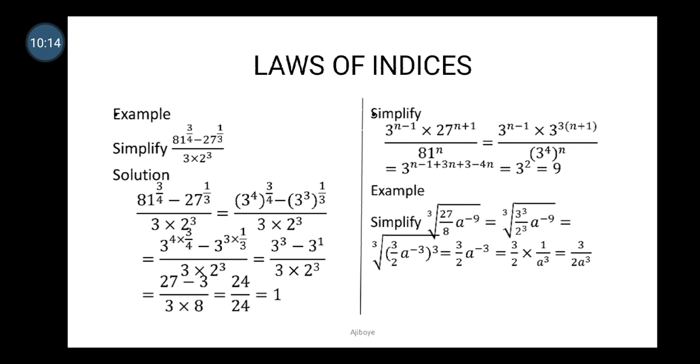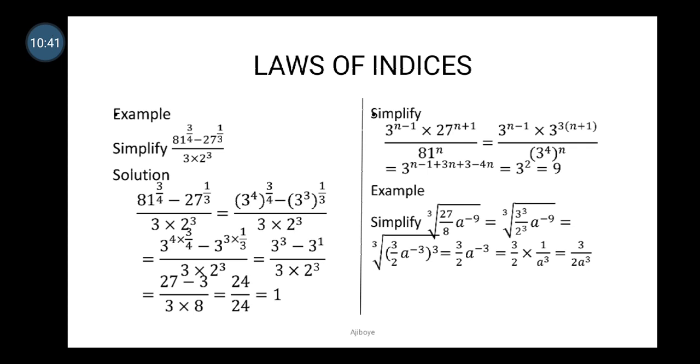This will be equal to, according to our third law, which says you can multiply the powers, 3 raised to the power 4 times 3 over 4 minus 3 raised to the power 3 times 1 over 3, over 3 times 2 raised to the power 3. And that will be equal to, because 4 will divide 4, 3 raised to the power 3 left, minus 3 will divide 3, that will give us 1.